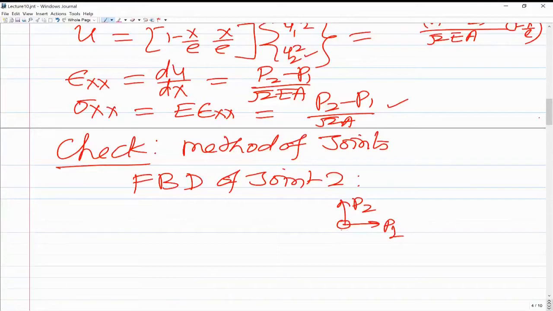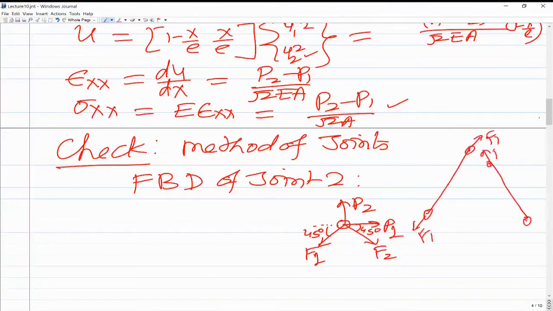We denote the force exerted onto the joint by member 1 as F1 and by element 2 as F2, and this angle is 45 degrees, and this is also 45 degrees. So what are F1 and F2? In the method of joints we assume that the first member is subjected to force F1, and similarly the second member is subjected to force F2.